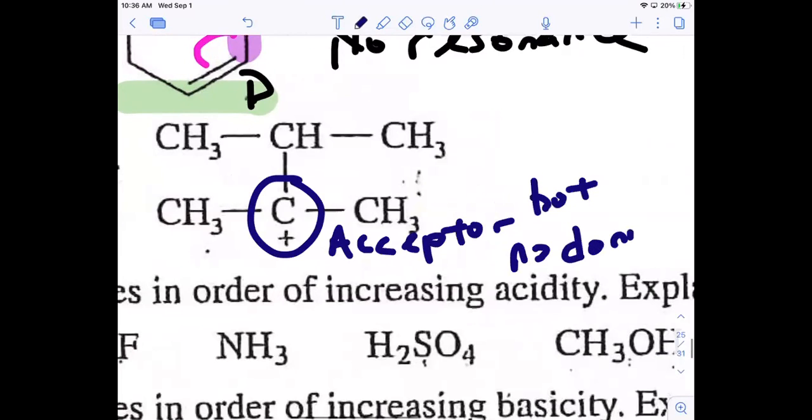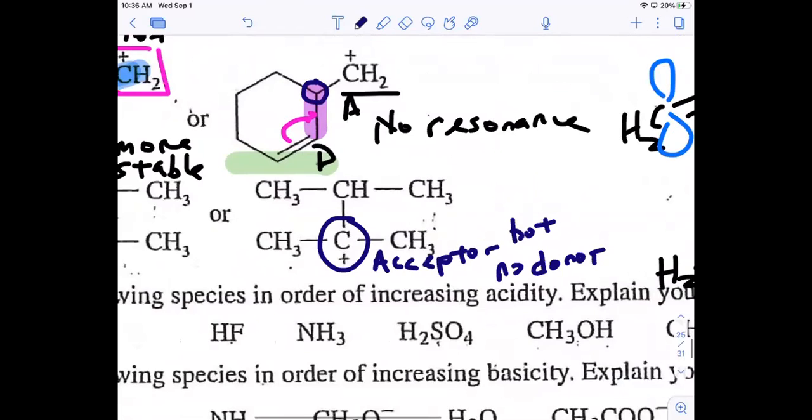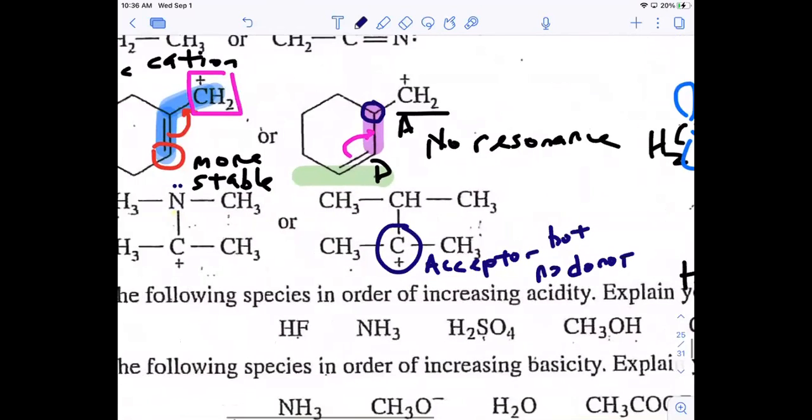All right, it's got an acceptor, but it didn't have a donor. So the fact that it doesn't have a donor means it can't do resonance, because to do resonance, you need both donor and acceptor adjacent to one another.